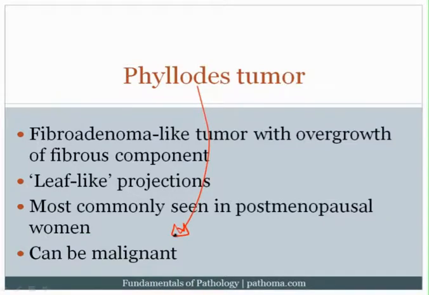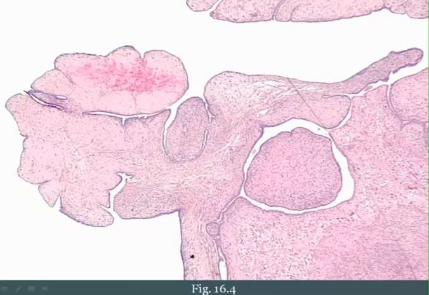But that would go along with the idea of it arising in postmenopausal women because we know that cancer is much more common in a postmenopausal woman. It's really classically a disease of postmenopausal women, with one exception, and that would be genetic breast cancer, which we're going to talk about at the very end. So again, that's the picture of fibroadenoma, and that closes off our discussion on the benign lesions, and then we're now going to enter into a discussion of breast cancer.